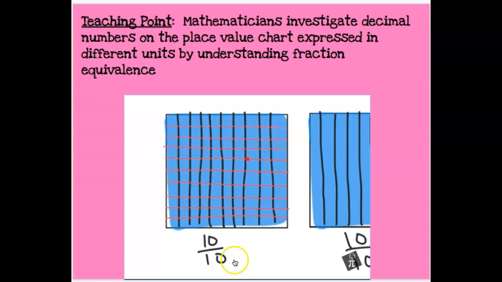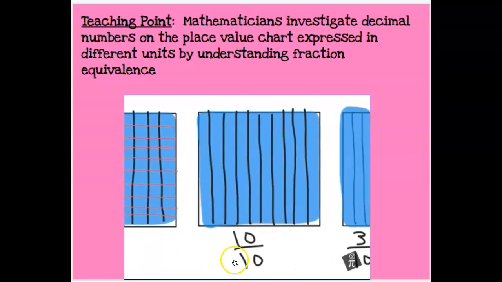So I just created hundredths here, and I'm going to do the same thing right here. First I'm going to cut it in half, and then I'm going to cut each half into 5 pieces. 1, 2, 3, 4, 5, and then 1, 2, 3, 4, 5.